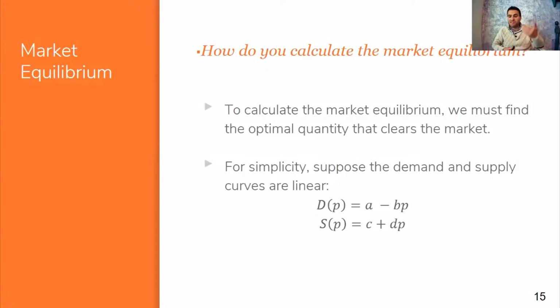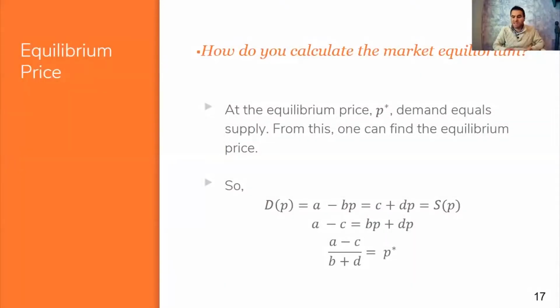The quantity supplied to the market, the units those producers place on stores to be sold, can be obtained from this particular supply function that depends on the price, C plus DP. So because both of them can be related on the idea of the quantity, and you want to equate the quantity demanded by consumers with the quantity supplied by producers, you can equate these two lines as I'm showing in this particular slide.